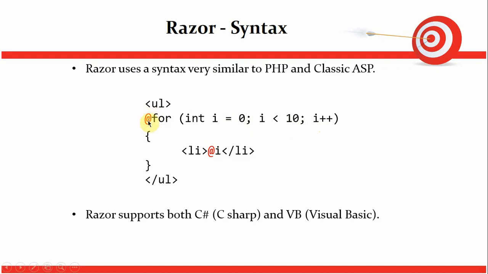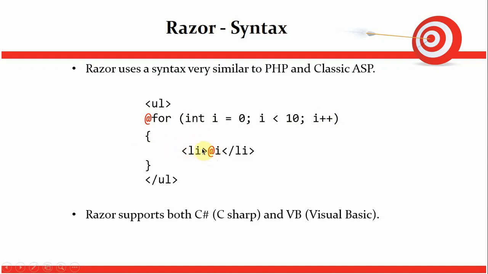Wherever you see that at, it just indicates to the system that C# begins. Whatever I write after this at is going to be considered as C# code. So till here it is C# code: for int i equal to 0, i is less than 10, i plus plus, bracket. And then you write HTML code.